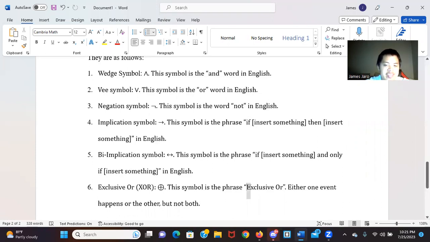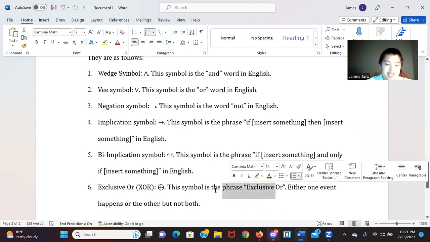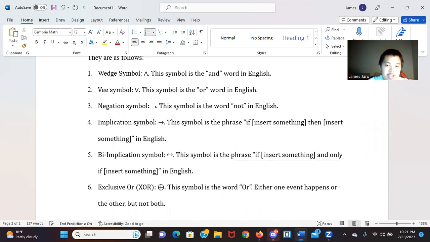I don't really like the term exclusive or, so we'll say this is also the word "or." However, don't confuse this with the V symbol here, because the uses of our ors are a little bit different.